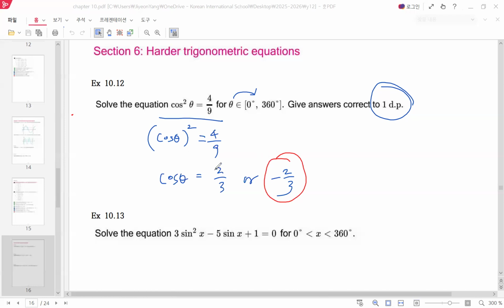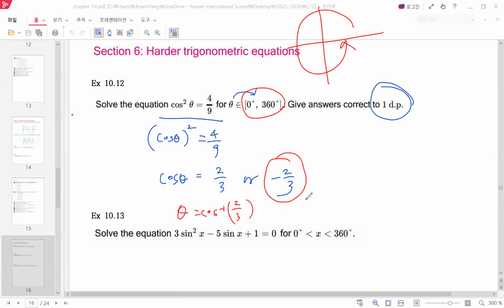So cosine theta is 2/3 or negative 2/3. And the angle range is just one full turn in the positive direction. So theta equals cosine inverse 2/3, and here theta equals cosine inverse negative 2/3.